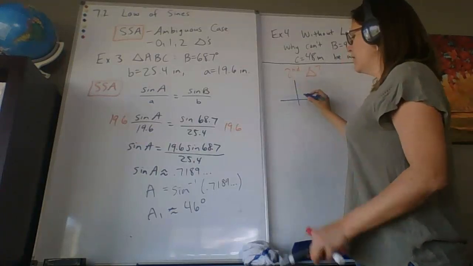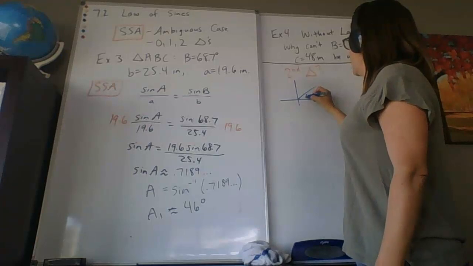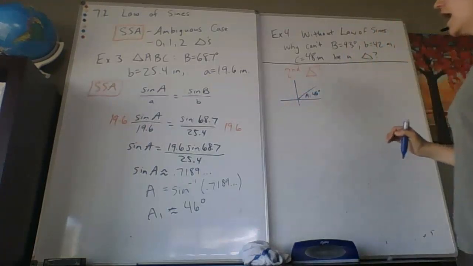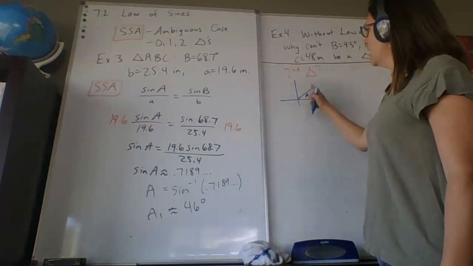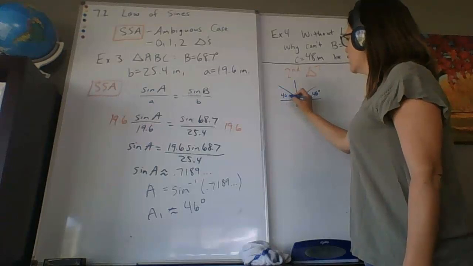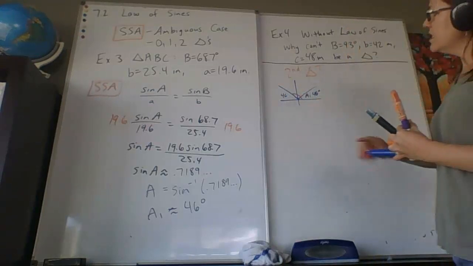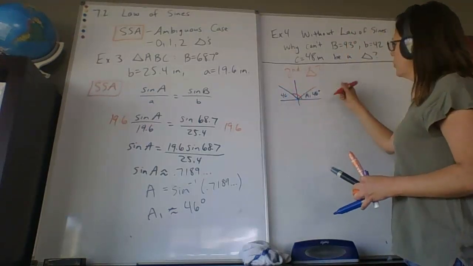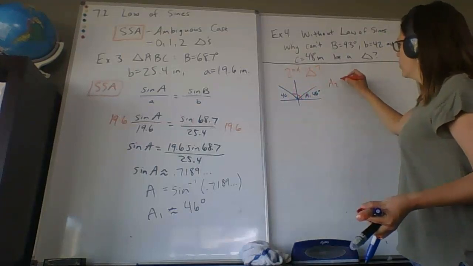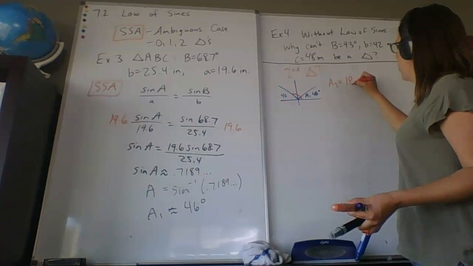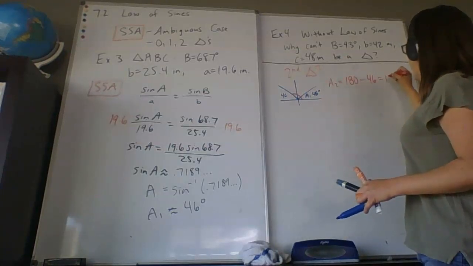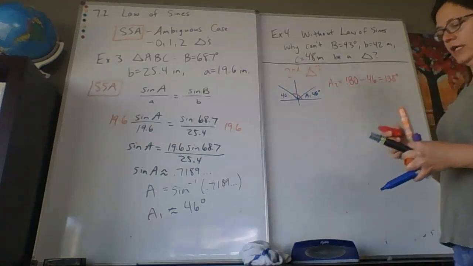So remember, we found A1 to be 46 degrees, but sine could be positive in quadrants 1 or 2. So this is also 46 degrees. This angle in quadrant 2 might be a second angle A that would work. We find that by doing 180 minus 46, and we get 138 degrees.